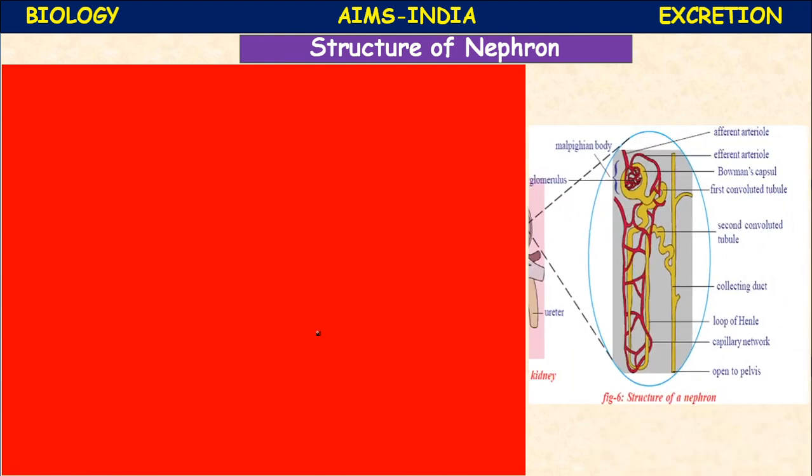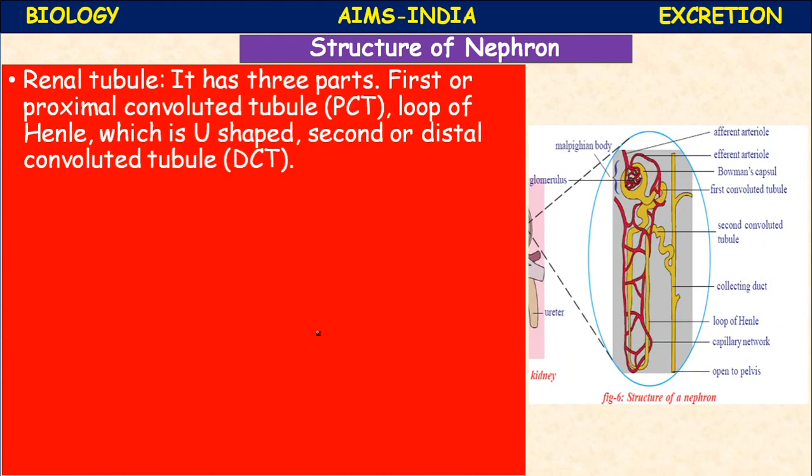Next, let us continue the structure of the nephron. We have completed the Bowman's capsule part, or Malpighian body. Now the second part is called the renal tubule. The renal tubule has three parts. The first is the proximal convoluted tubule, in short form PCT, and the second part is called the loop of Henle.